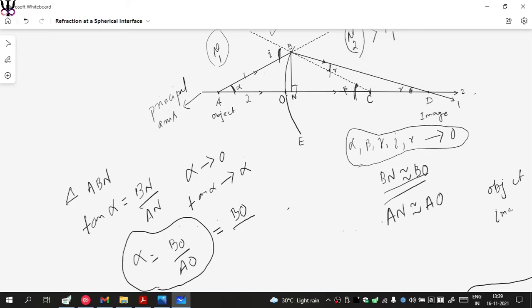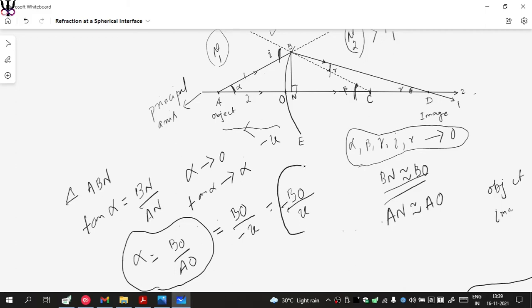However, the measurement is along the negative x-axis, so OA is minus of u. So alpha is minus of BO upon u.